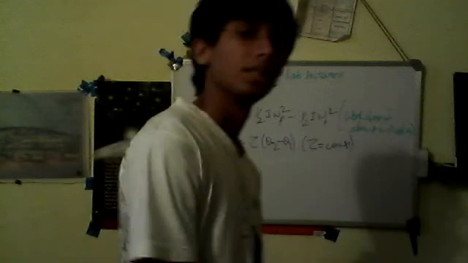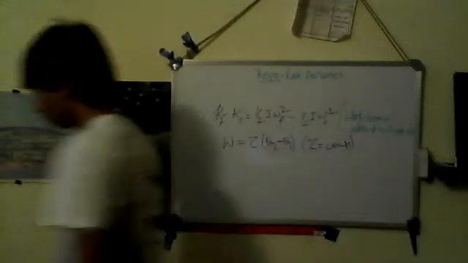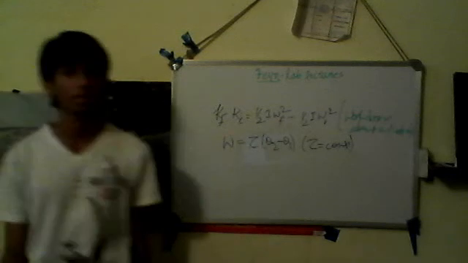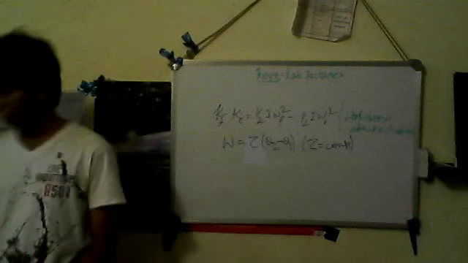And now power. How do you relate power? Power is nothing but the rate at which the force acts on the body to produce displacement or to transfer some energy. So the rate at which the force transfers energy is called power.